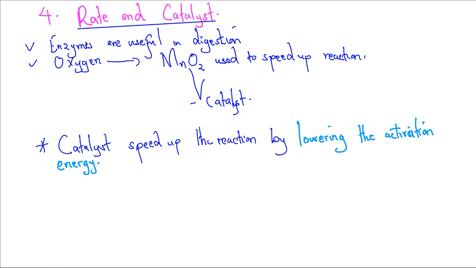In different industrial processes, there are various catalysts involved to help in the rate of manufacture. For example, in the Haber process, we use finely divided iron as a catalyst.